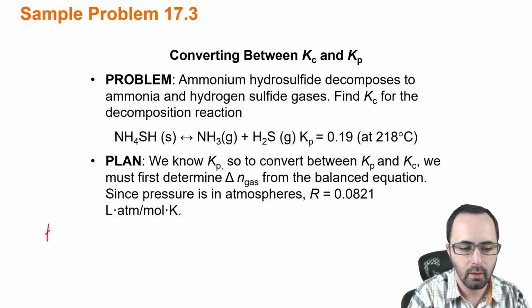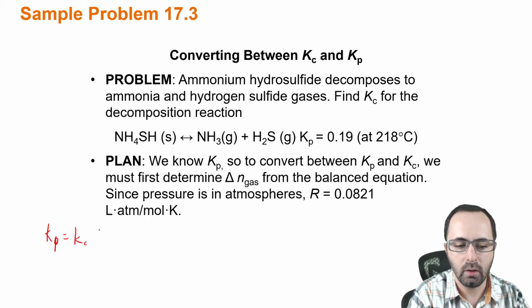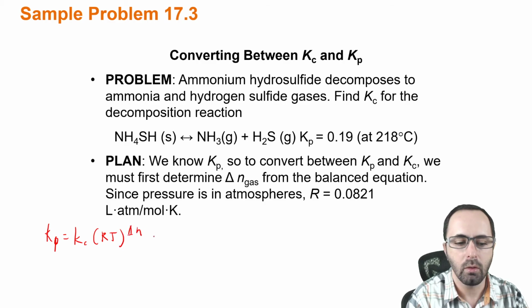Kp equals Kc times RT to the delta n. So what we're going to do here is divide both sides by RT, or equivalently, we could say we're multiplying times RT to the negative delta n power. So these would cancel.